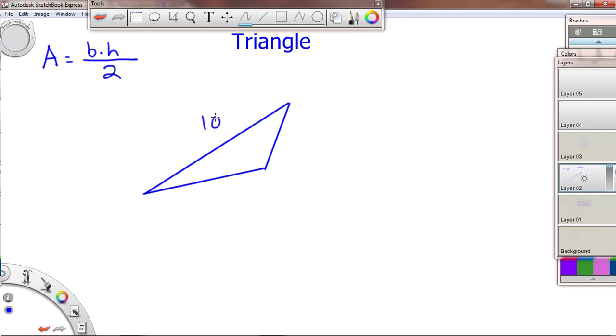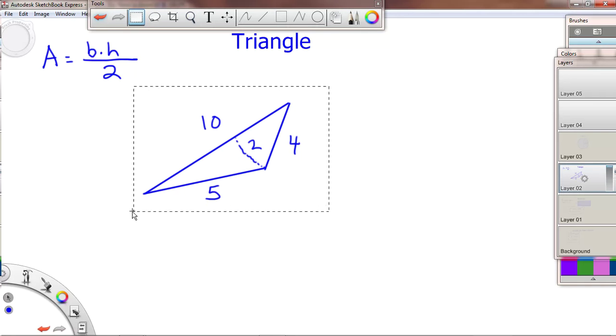Let's say this is 10, this is 4, and this is 5. And then you've got a measurement here that looks like it would be about 2 or something like this. How do you know base, height? How do you know what your measurements are to calculate the area of this triangle? Well, what you have to do is visualize. You've got to find a right angle somewhere. Now, there's no right angles in this triangle.